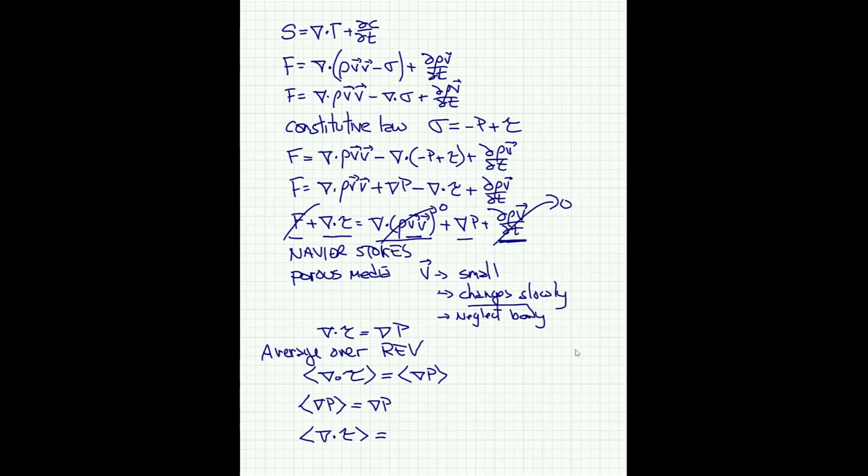Now, the expression for the average is just the integral of the term we're interested in over the volume divided by the volume. So this is just the definition of a volume average. Okay, so we can make some progress here.